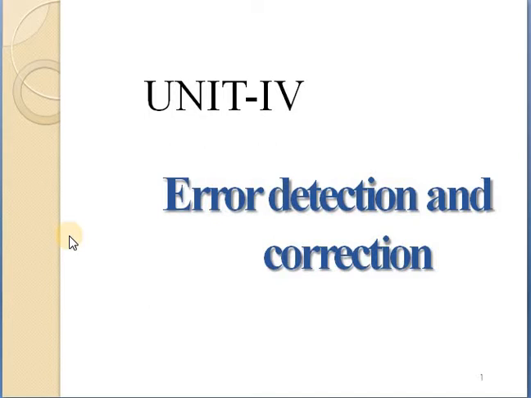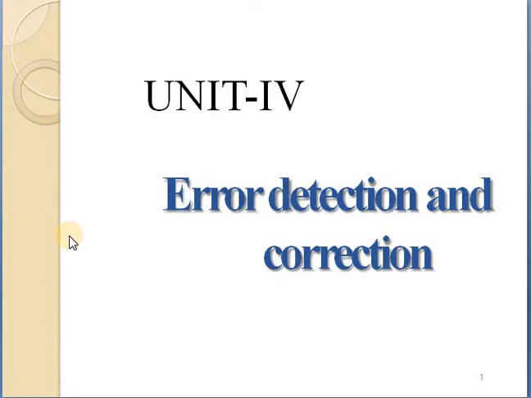Next point we discussed in a previous lecture is error detection. Error detection means to decide whether the received data is correct or not without having a copy of the original message. Error detection uses the concept of redundancy, which means adding extra bits for detecting errors at the destination.